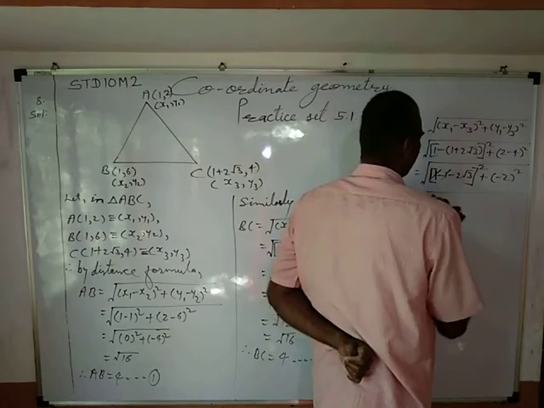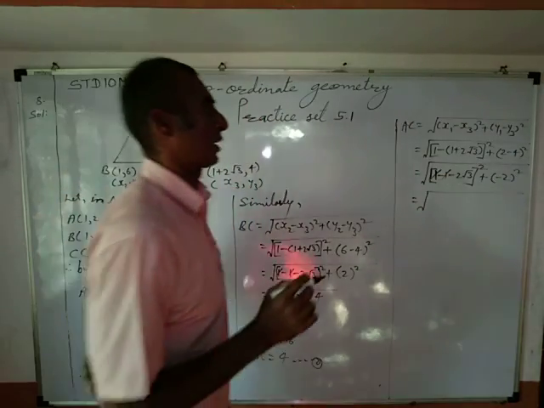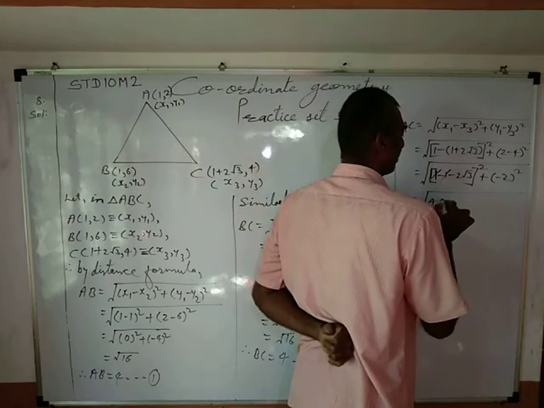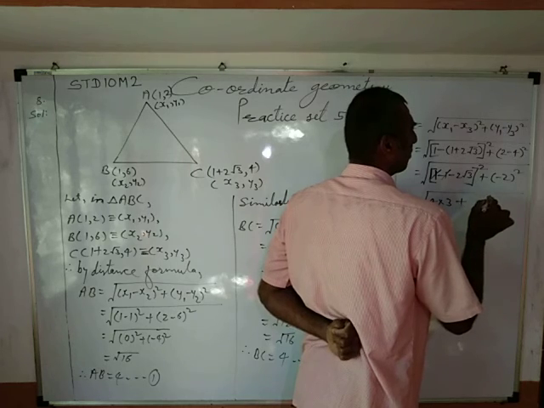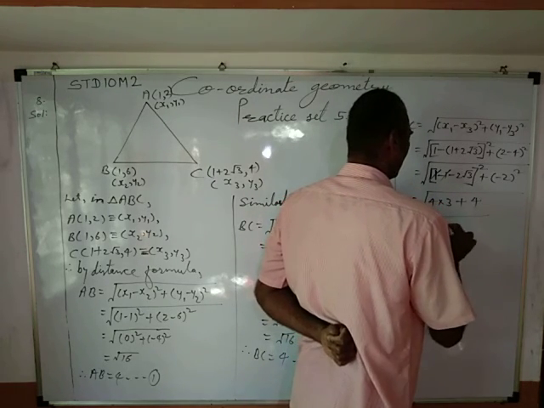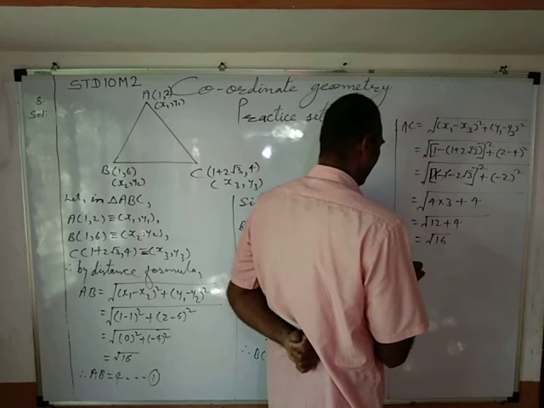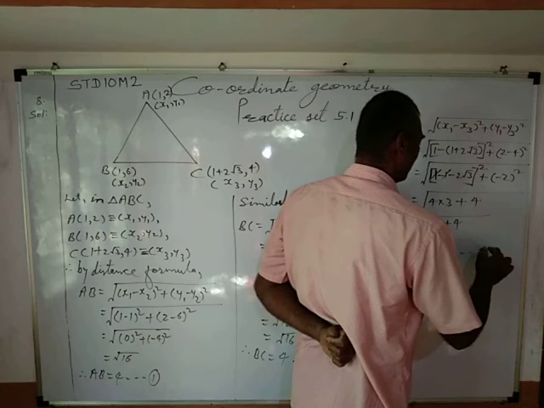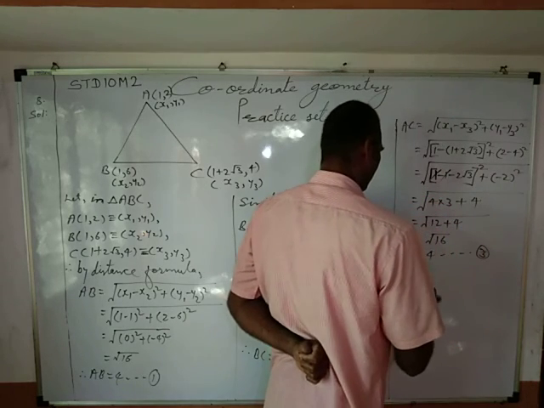Equals under root, minus 2 root 3 whole square means square of minus 2 is 4 and square of root 3 is 3, that's why 4 into 3, plus square of minus 2 is 4, equals under root 12 plus 4 equals root of 16, and therefore AC equals 4. Equation third.